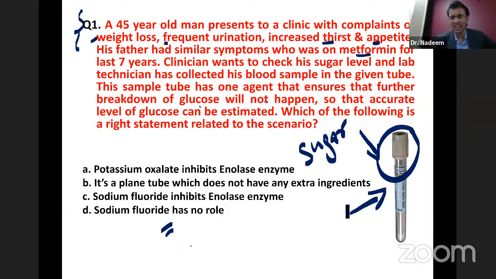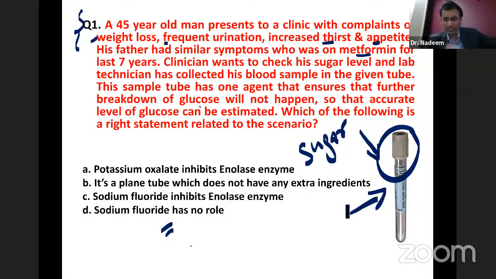So please understand that I have a patient who is a case of diabetes, or I am suspecting that my patient is having diabetes. I want to send a blood sample for glucose estimation. I want to check his fasting blood sugar as well as postprandial blood sugar. But you know what is happening here?